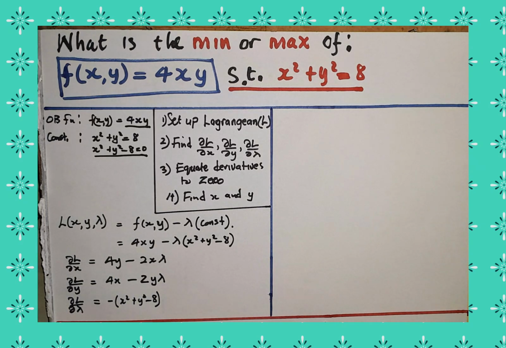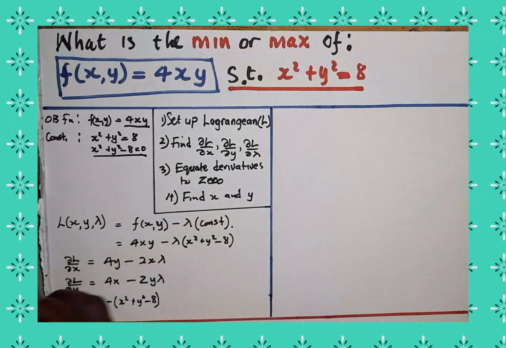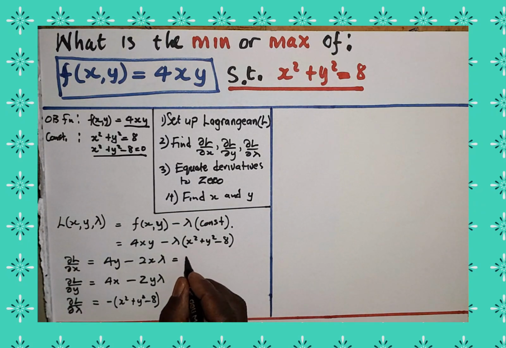Okay. Now, in step number 3, we are required to equate these partial derivatives to 0. So we can say this is equal to 0, this is equal to 0, and this is also equal to 0. Let's call this one equation number 1, this one equation number 2, this one equation number 3.